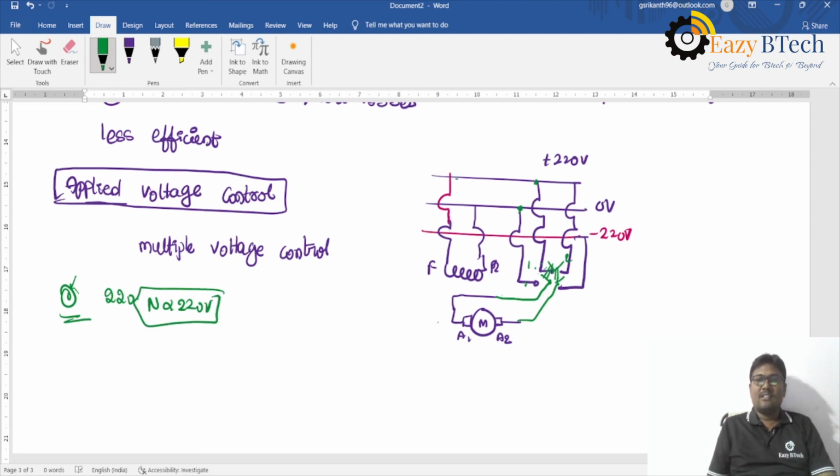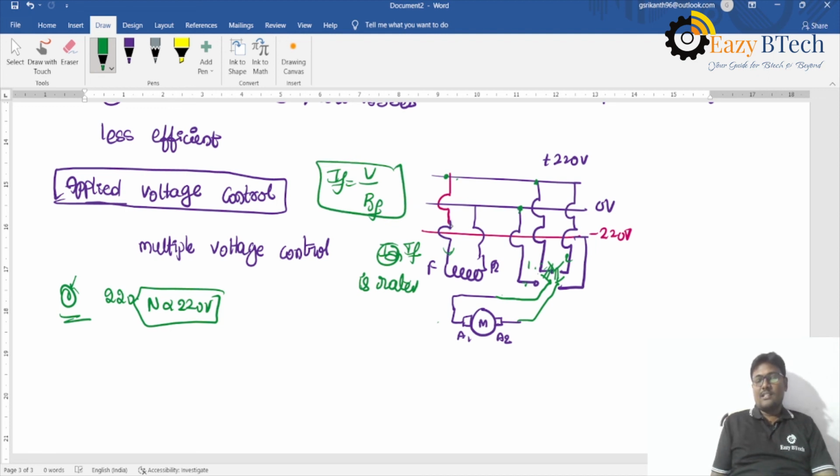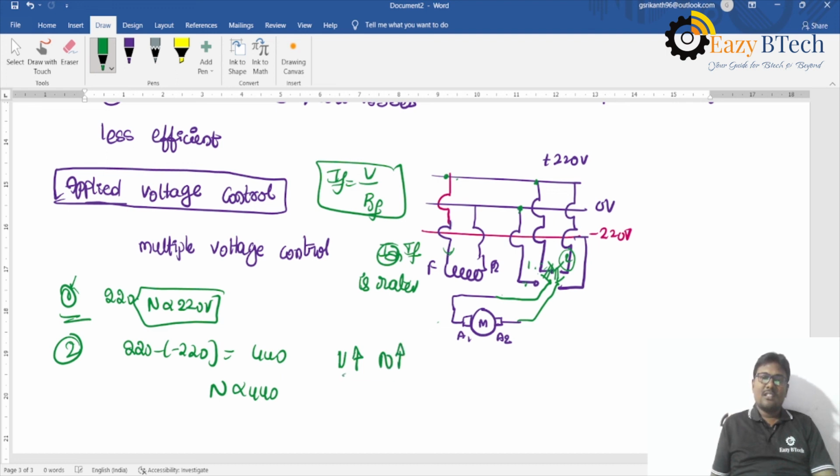The field winding is excited with this and there is no field rheostat in the field winding, so the field current is rated, because If is equal to V by Rsh, or V by Rf, and the field winding is connected like this. If the switch is at the first position, N is directly proportional to 220. If the switch is at the second position, you can observe 220 minus minus 220, so your voltage is 440. So N is directly proportional to 440. If the voltage increases, the speed also increases.